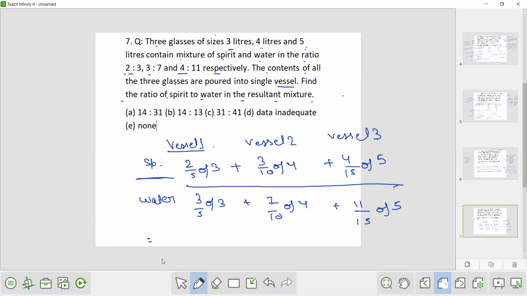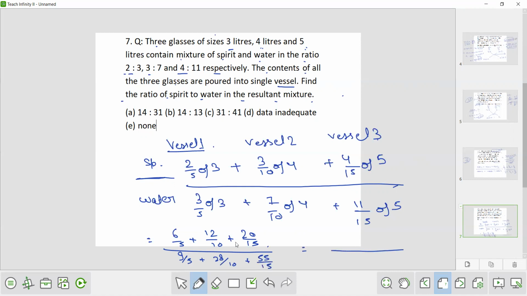Now solve this. So upon solving, this is 6 by 5 plus 4 3s are 12 by 10 plus 20 by 15, upon 9 by 5 plus 28 by 10 plus 55 by 15.